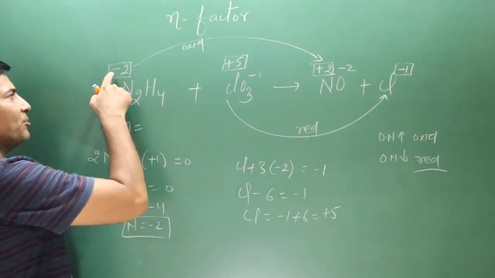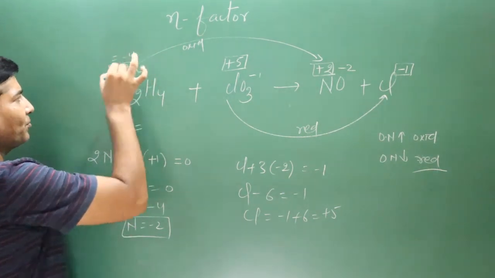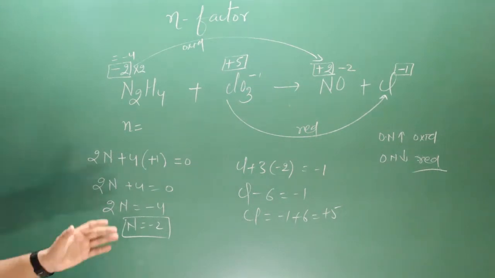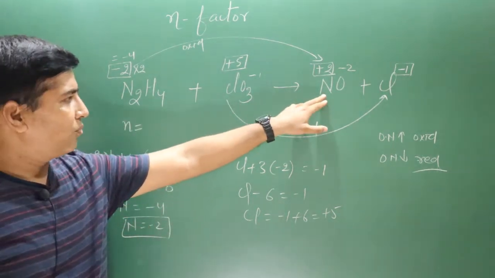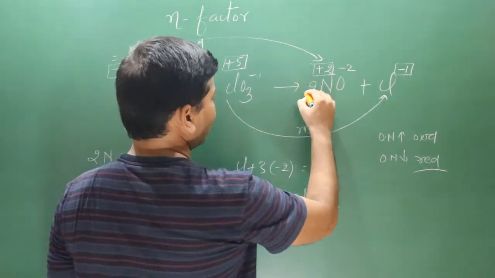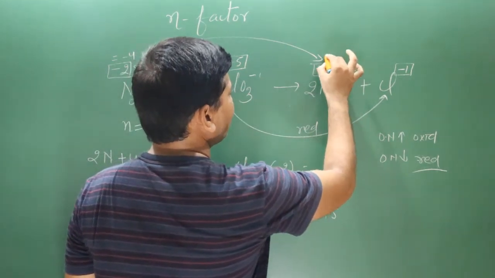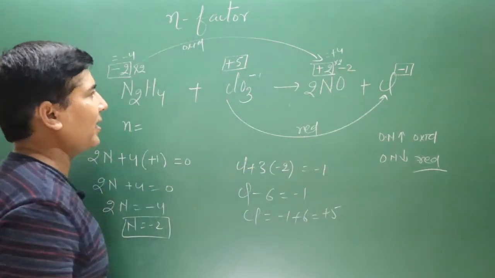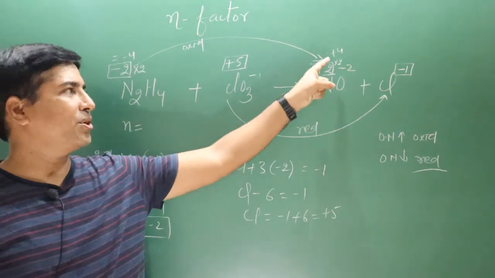For 1 nitrogen it is minus 2, then for 2 nitrogen, multiplied by 2, it is minus 4. For 2 nitrogen total oxidation number will be minus 4. On the other side, 1 nitrogen is plus 2, so for 2 nitrogen it will be plus 4.